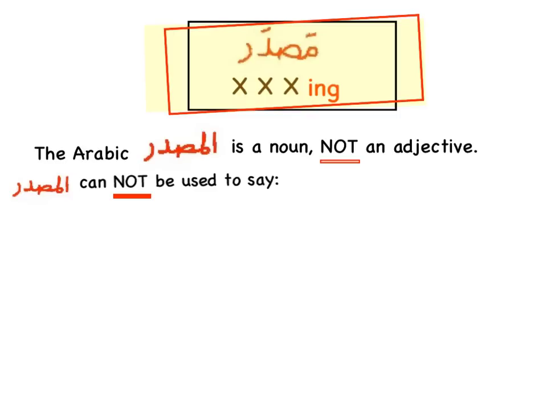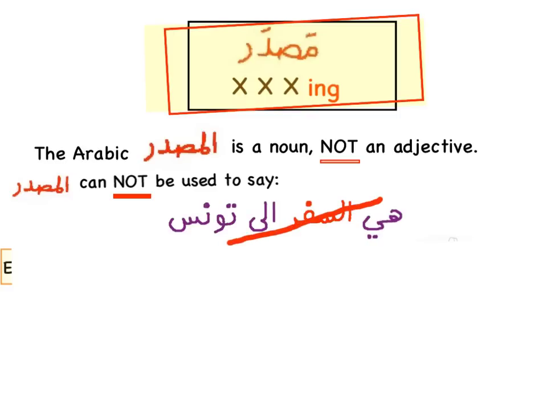And now let's look at what مصدر cannot be used to say. هي السفر إلى تونس is a wrong sentence because it cannot take a subject. We cannot say things like هي السفر إلى تونس. It's wrong because مصادر cannot be conjugated or express time or be associated with a person.